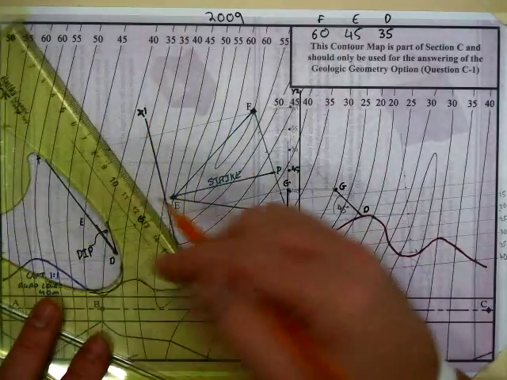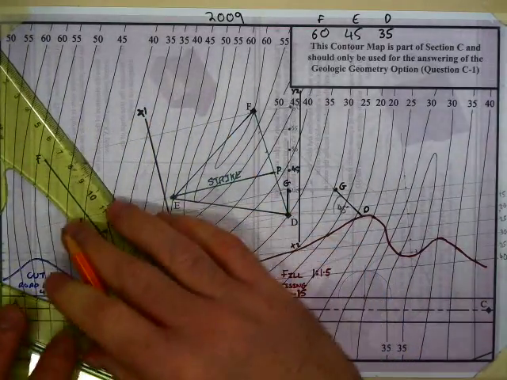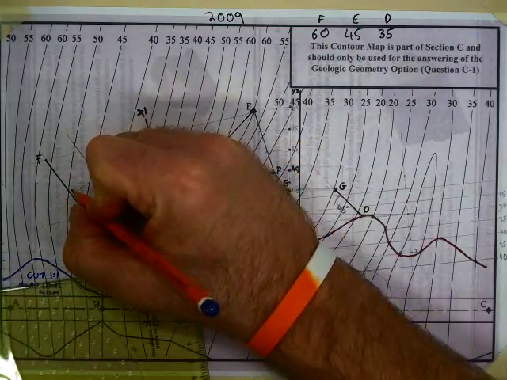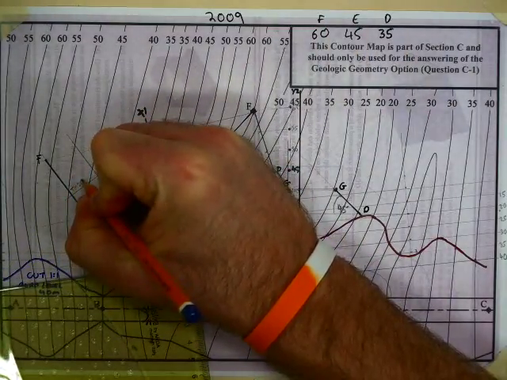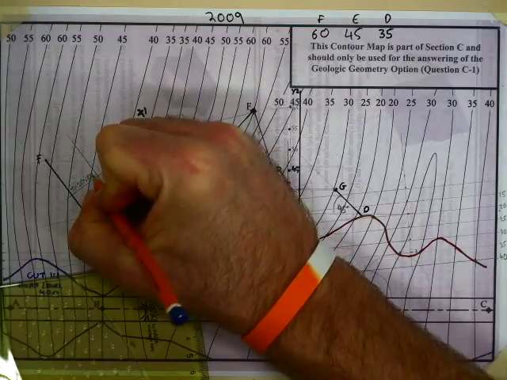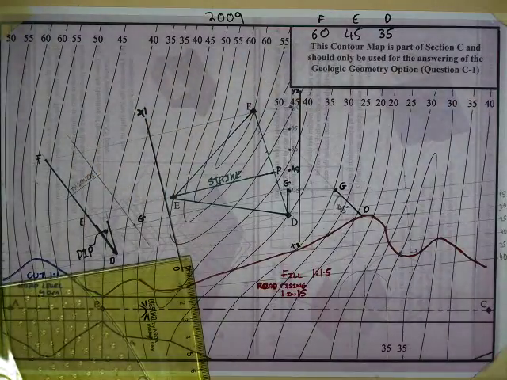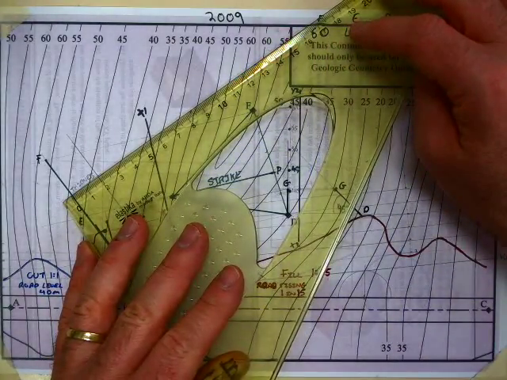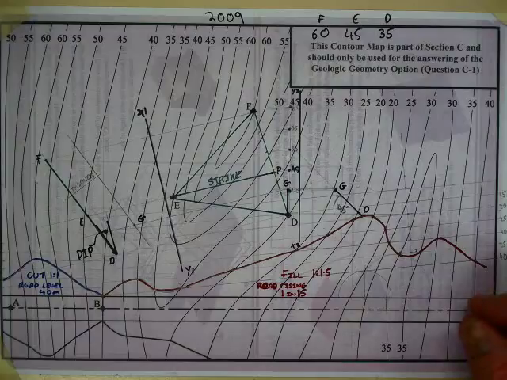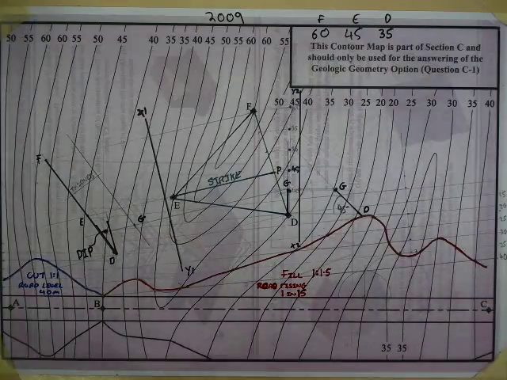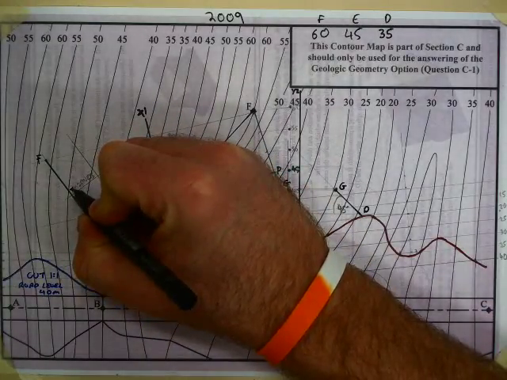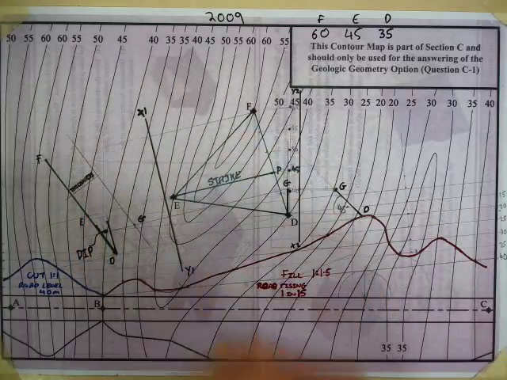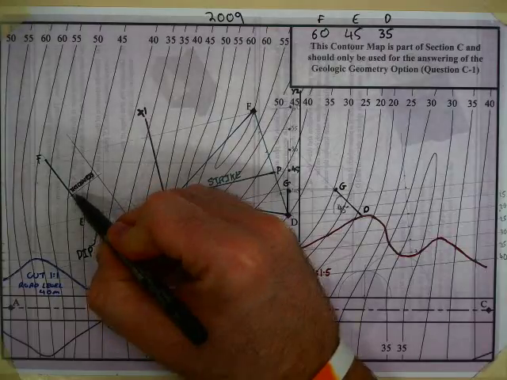All I'm going to do is, and again, this has to be a perpendicular line, just write thickness here. Now it doesn't say indicate in meters. If it did, you'd measure it, and it's 19 millimeters, so the thickness would actually be 19 meters. But it doesn't say indicate in millimeters, it just says determine. That's the thickness there then, from that point to that point.